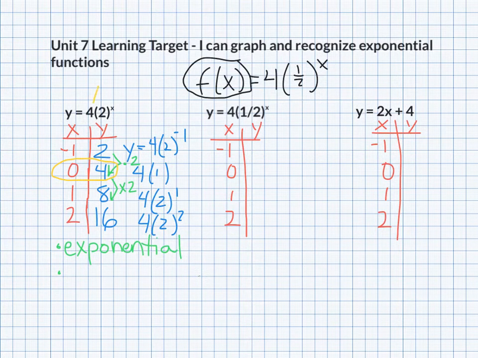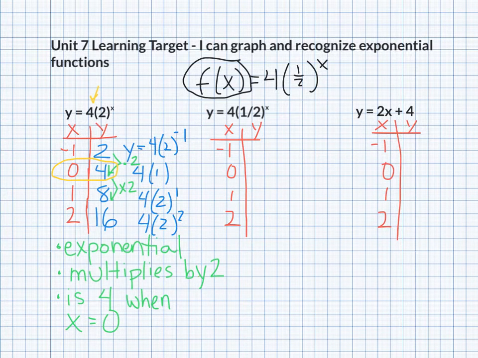Where did we see that? Oh, right there. This pattern multiplies by 2 and is 4 when x equals 0.